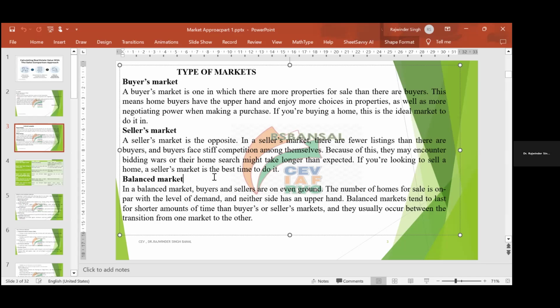That is a balanced market. Buyers and sellers are on even ground. The number of homes for sale is on par with the level of demand, and neither side has the upper hand. That is a balanced market, and it usually occurs in the transition period between buyer's market and seller's market.